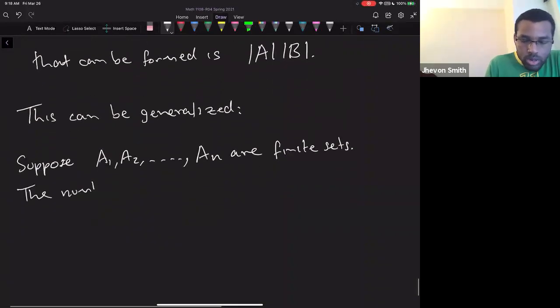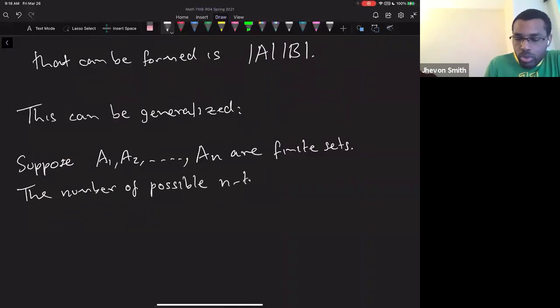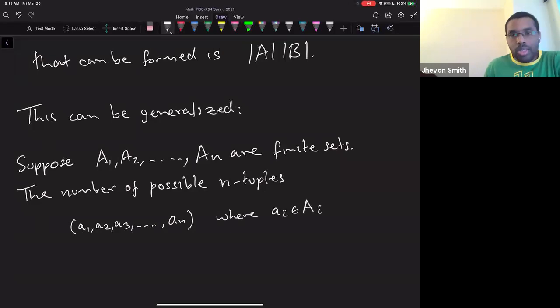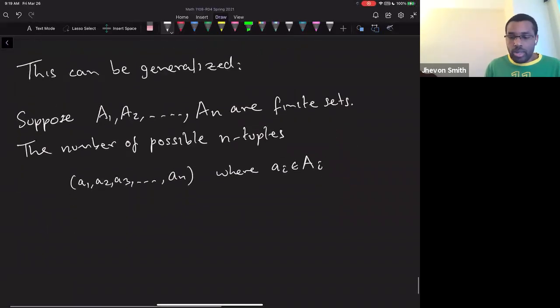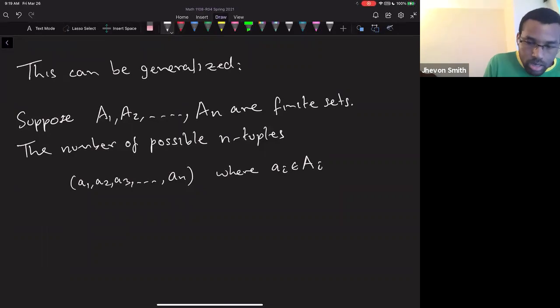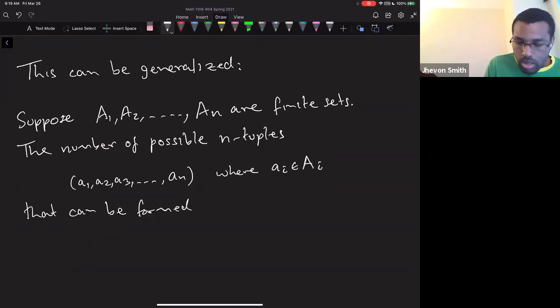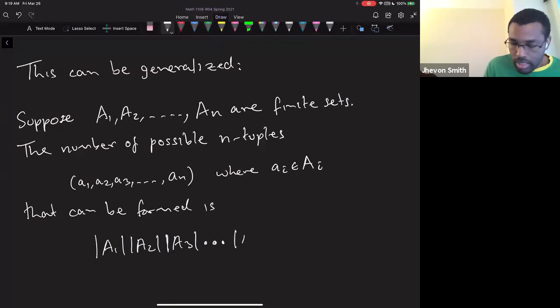The number of possible n tuples, so these are things that look like (a1, a2, a3, ..., aN), where the ai are in the set Ai, so a1 is in the big set A1, a2 is in the big set A2, etc., that can be formed is the size of A1 times the size of A2 times the size of A3, multiplying all these together, times the size of AN.